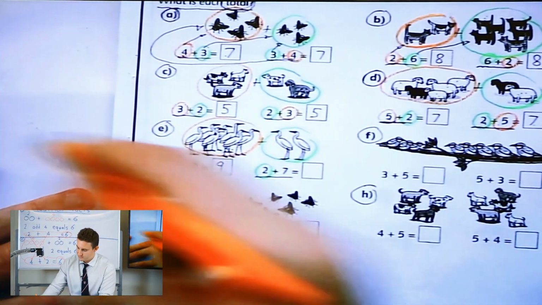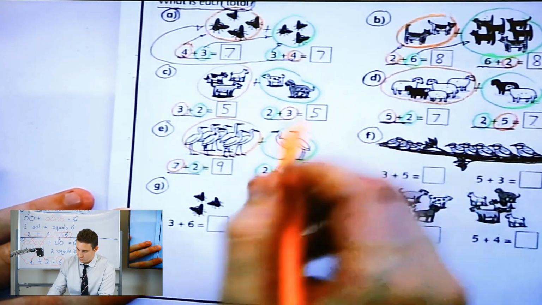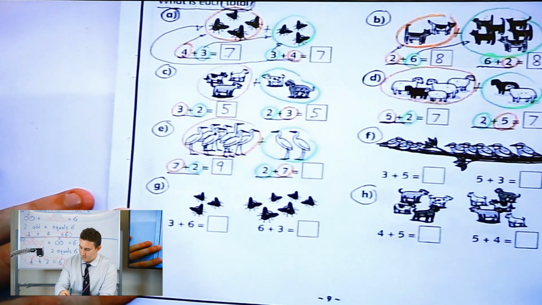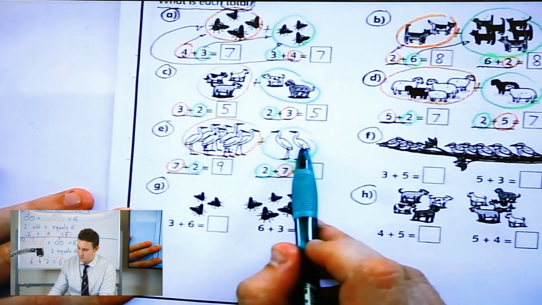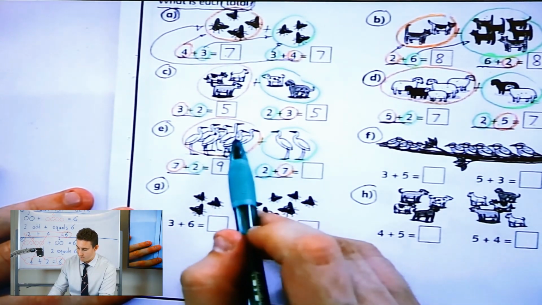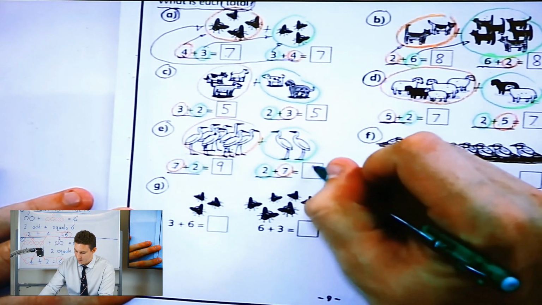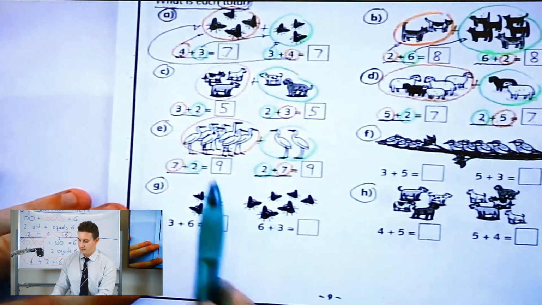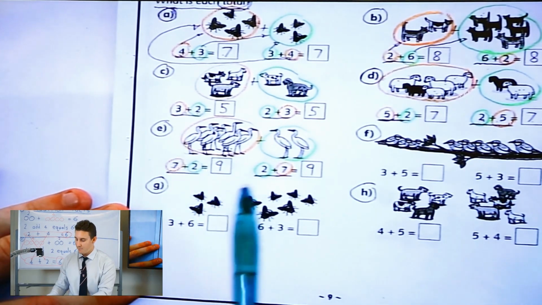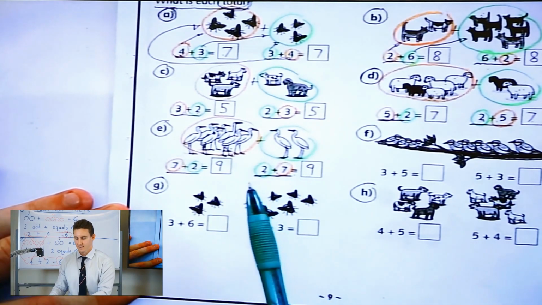And we know the 7 are in orange. 1, 2, 3, 4, 5, 6, 7. Now, if we add from the 2 first, let's count. 1, 2, 3, 4, 5, 6, 7, 8, 9. 9 again. So we see that 7 plus 2 equals 9 is the same as 2 plus 7 equals 9.